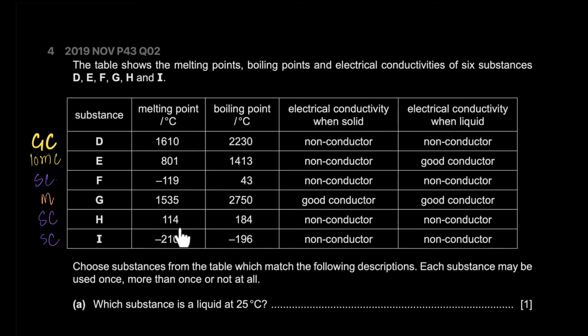Out of all of them, it's only F, because it's a simple covalent. It's very unlikely to be a metal unless it's mercury. So out of these three, it's only this one where 25 lies between the two values. So the only possible answer for us right now is F.